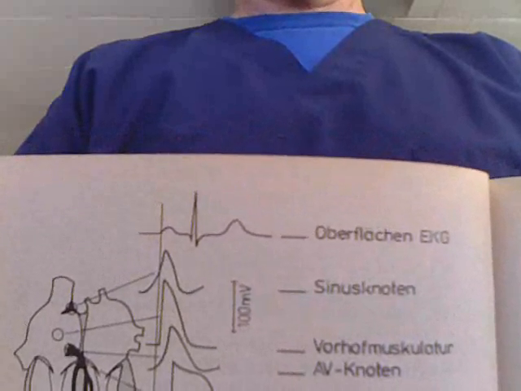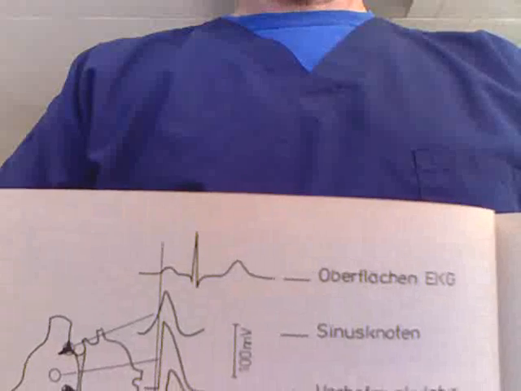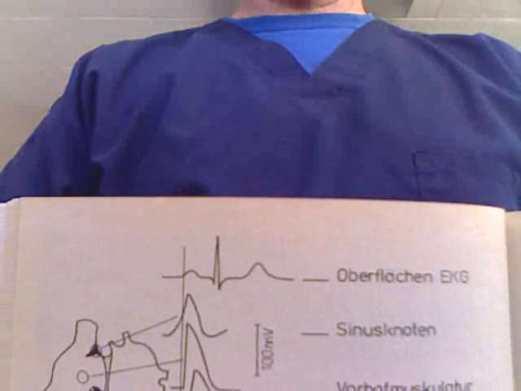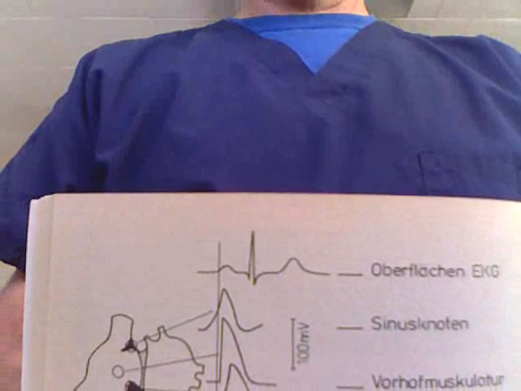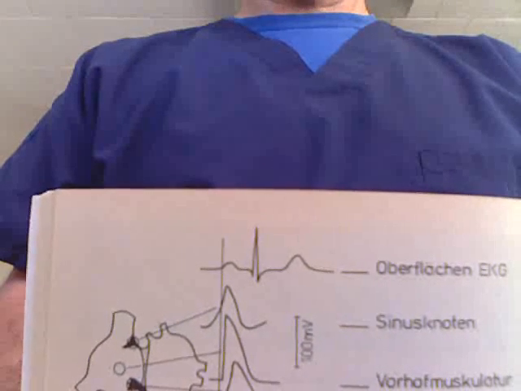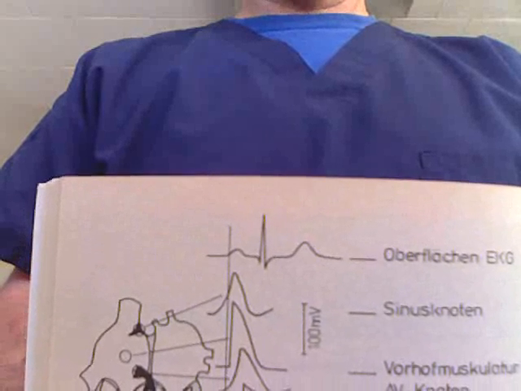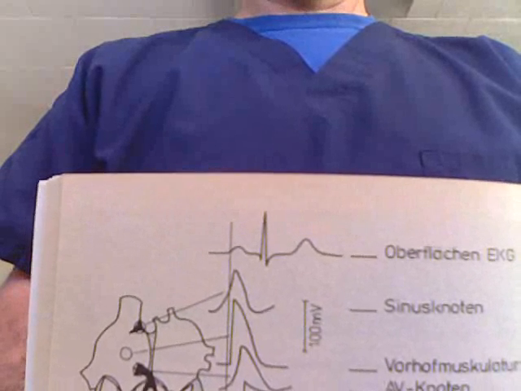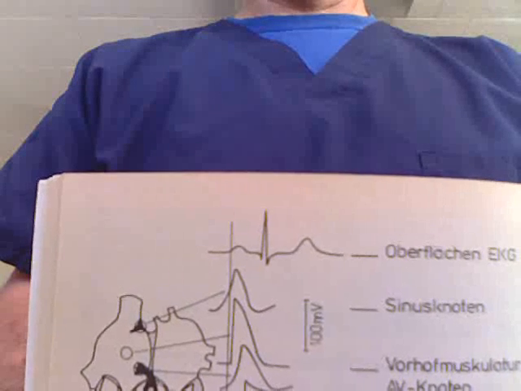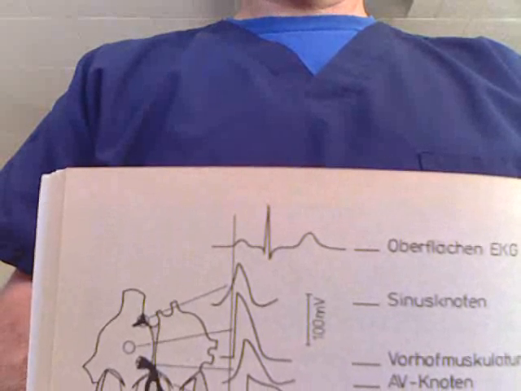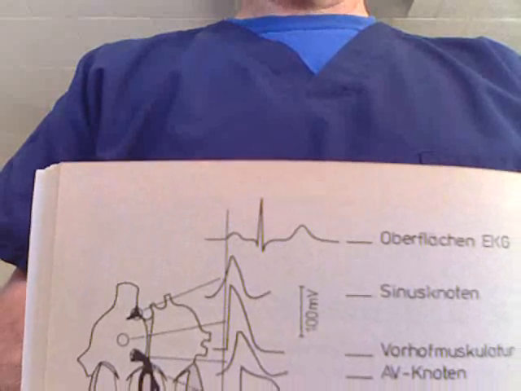We'll start at the sinus node, the sinoatrial node, which is the pacemaker of the heart. Anatomically, it is at the top of the right atrium and the base of the superior vena cava, and is positioned laterally.